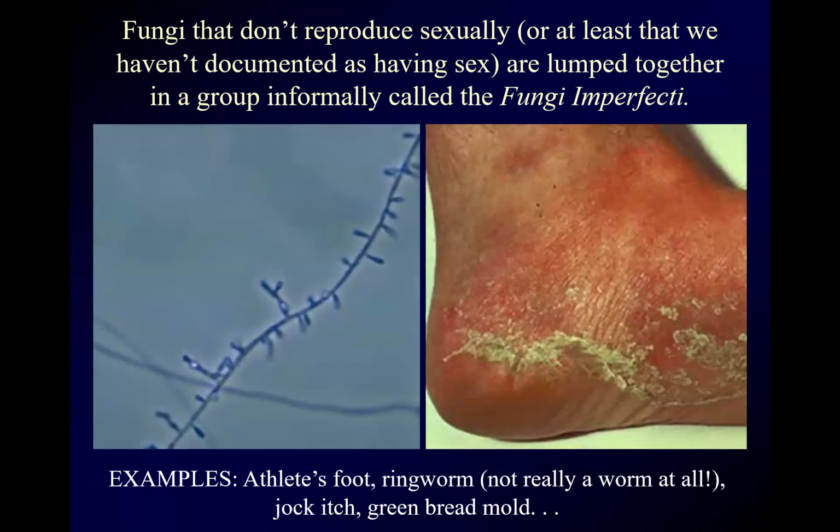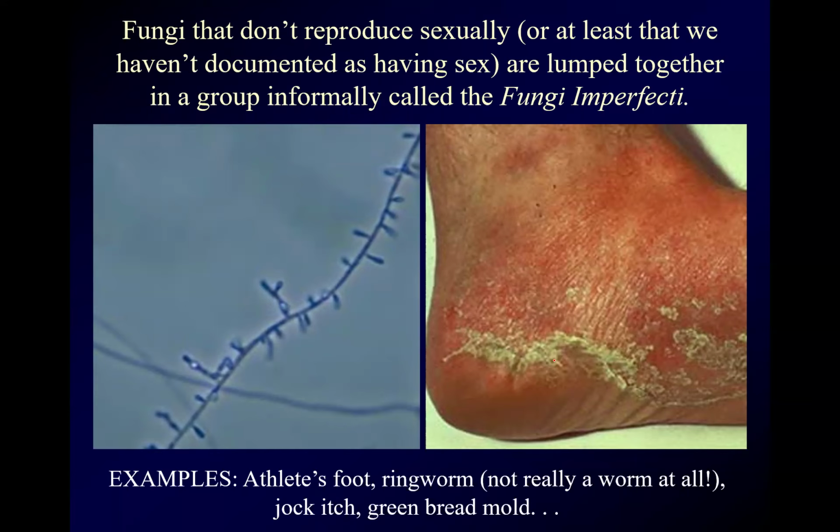Fungi that we haven't caught reproducing sexually are lumped together in an informal group called the fungi imperfecti. And the reason I mentioned the fungi imperfecti is that some of them cause human illness.